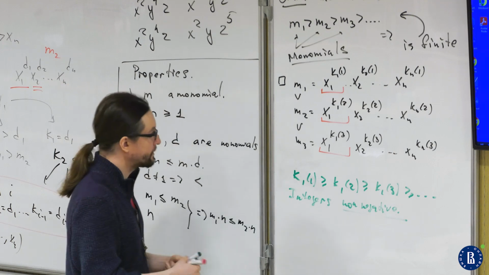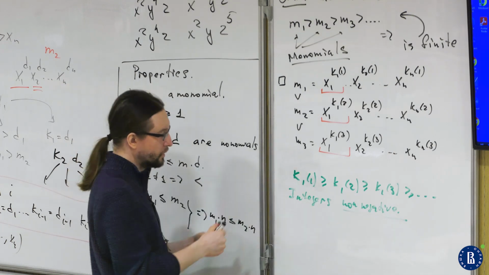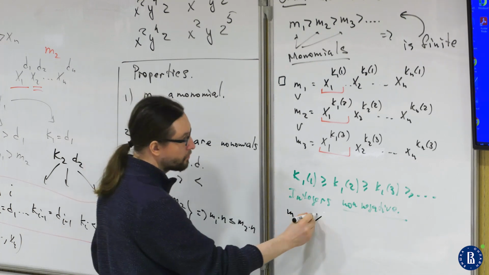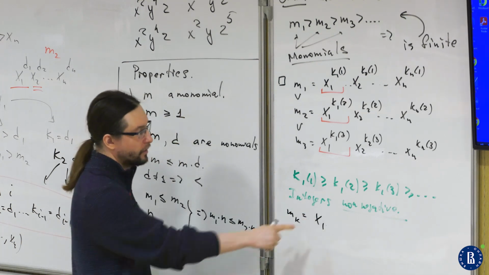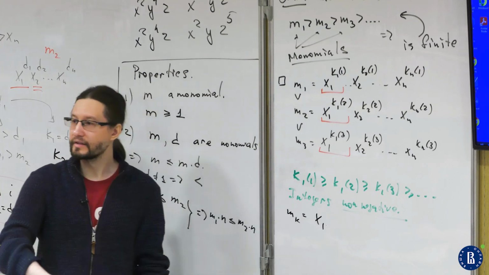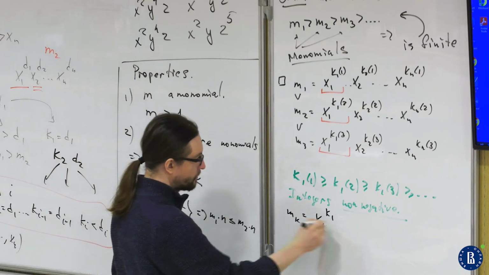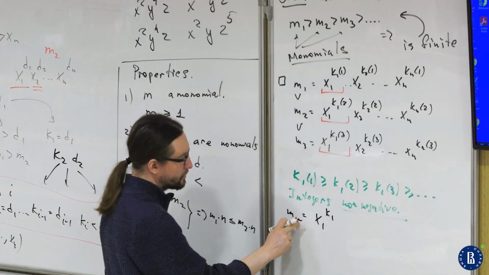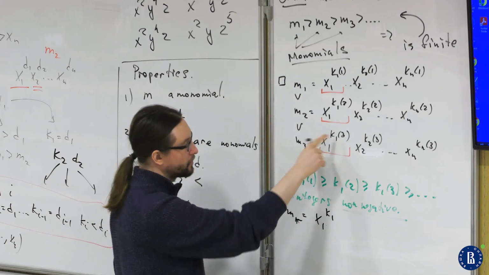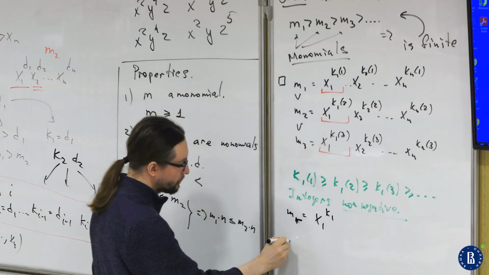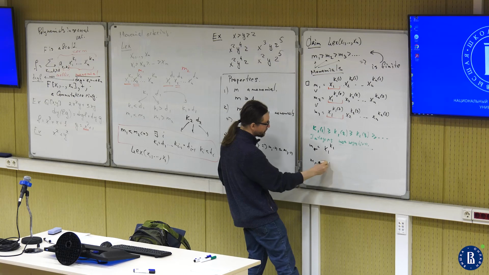So there is some monomial, let's say m_r, such that for all the monomials after m_r, the first degree is exactly the same. I don't want to use the same letter k, because k is already taken for the degree of the monomial, so let's say m_(r+1) and onward.